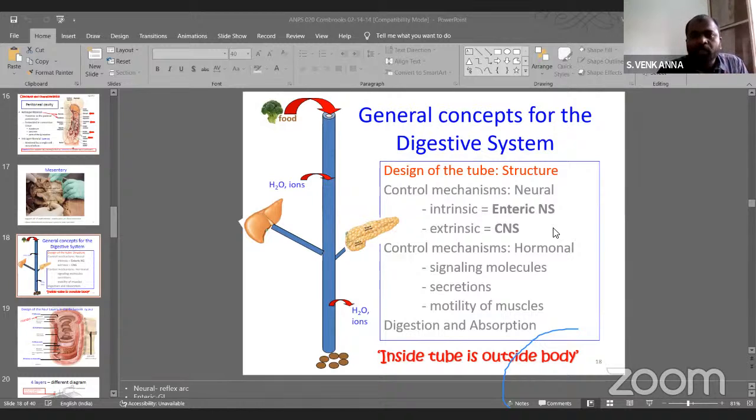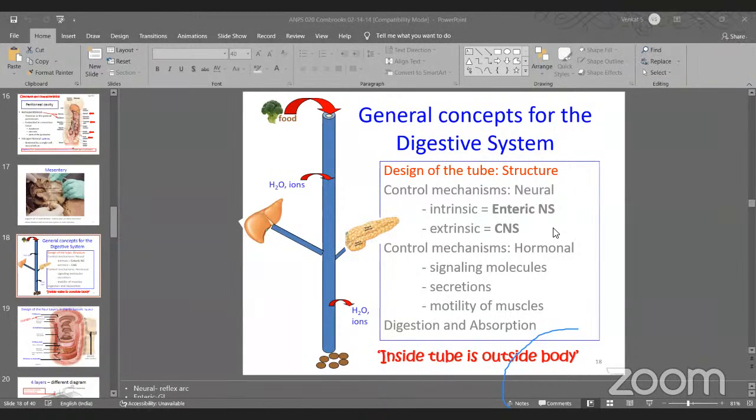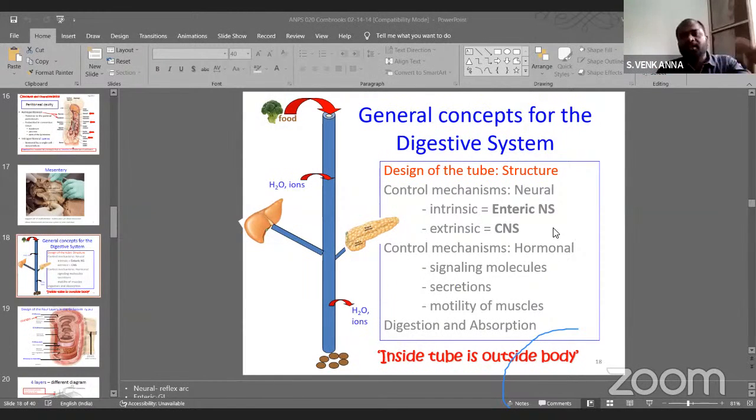Right, thank you. So this structure is simple for understanding what the digestive system functions are. The food enters through the mouth and esophagus, then water and ions are added, and hormones are secreted by the liver and pancreas.